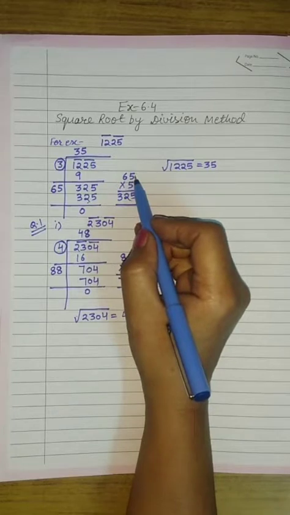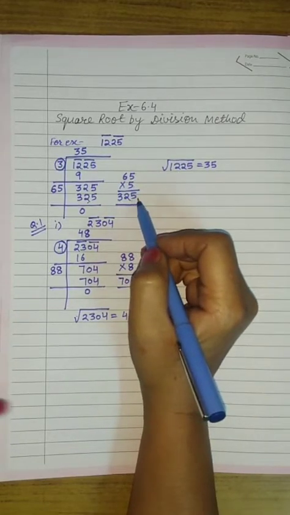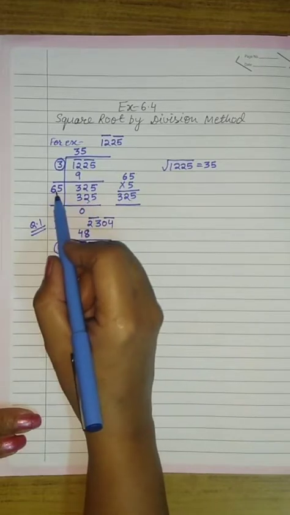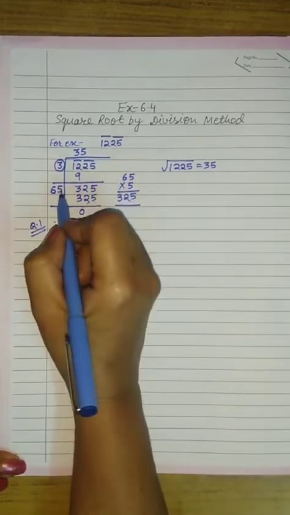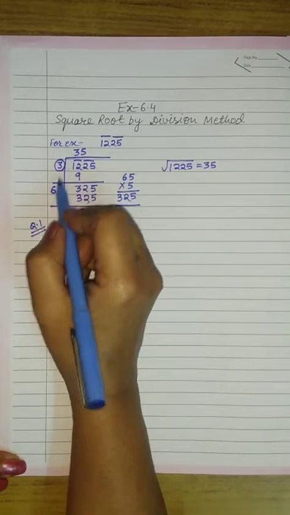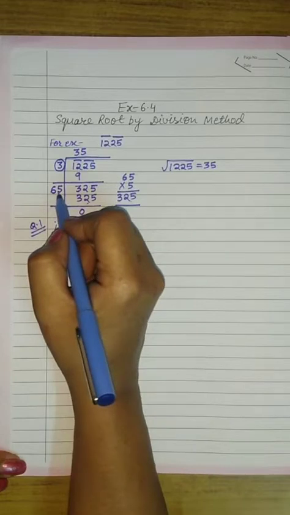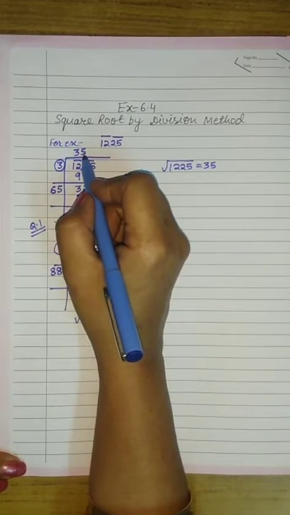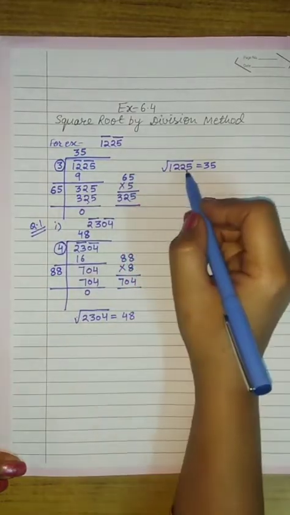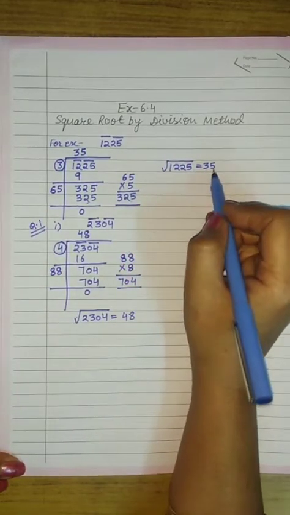So 65 into 5 will be 325. So on multiplying 65 by 5, we got 325. Now we will write 5 with the first divisor which we have doubled, that is 6. And we will write 5 in the quotient also. So our square root of 1225 is 35.